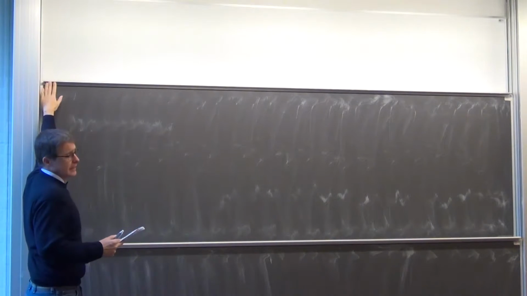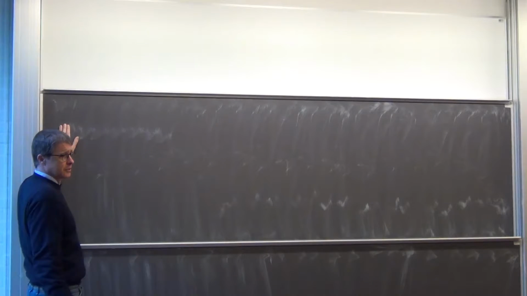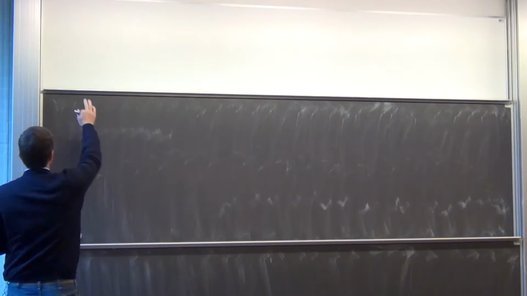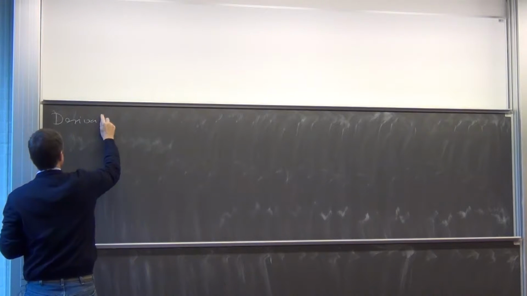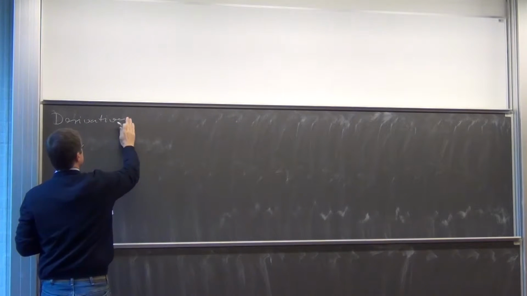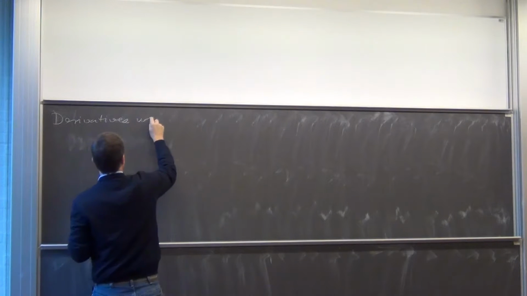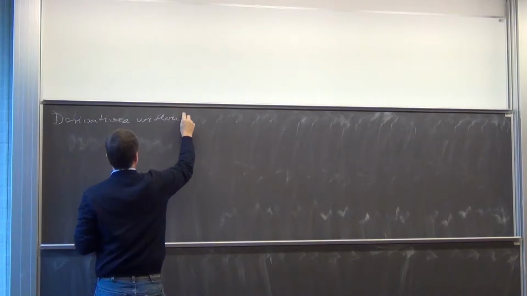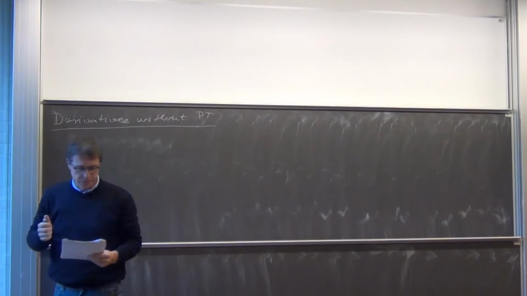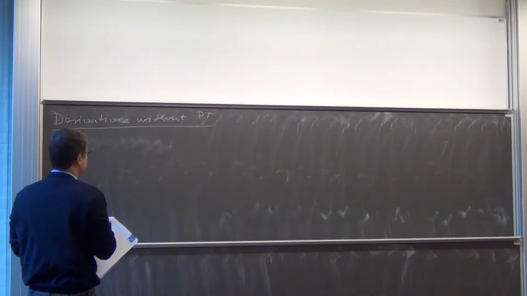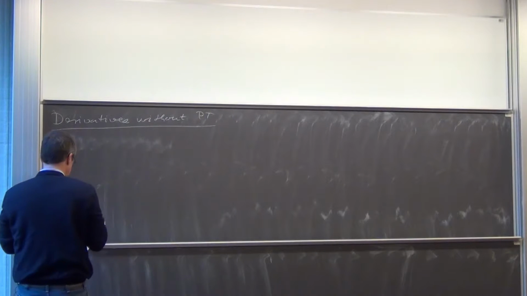So let's look at some alternatives to that, and that is, let's do derivatives but without perturbation theory. And that brings us to something which is called the Hellmann-Feynman theorem.